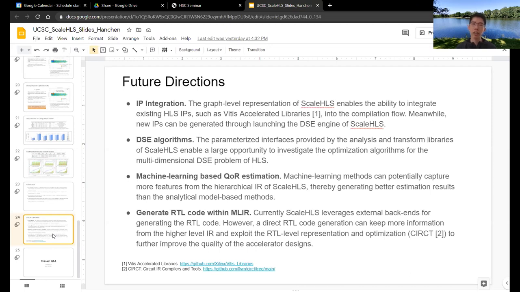After the scheduling, you will be able to estimate the latency of a piece of IR, and meanwhile, with the estimation of the scheduling, you can have the resource utilization of the IR as well. So this will give you the latency and resource estimation.